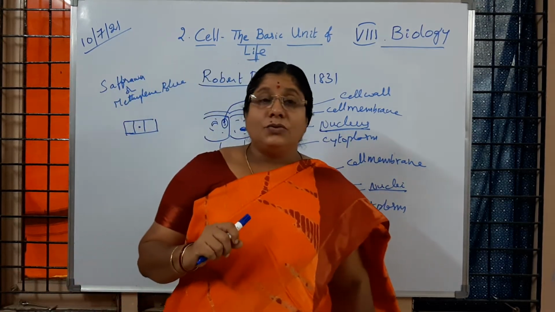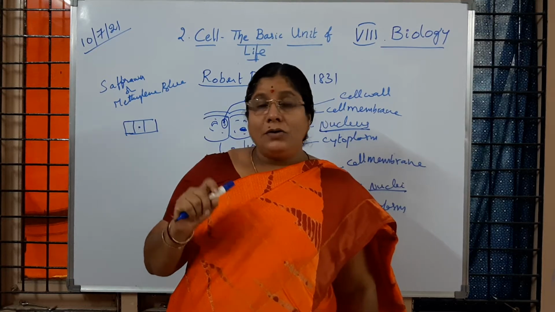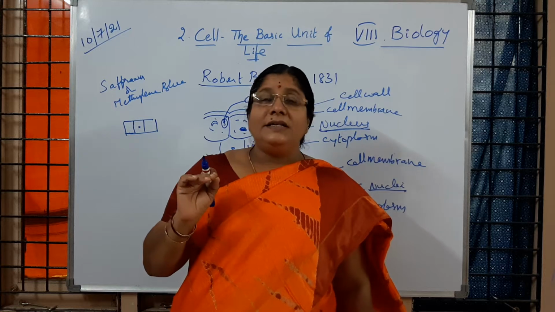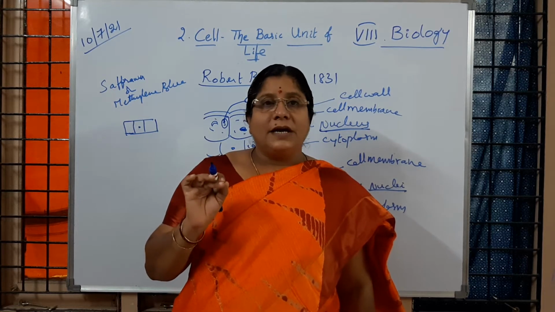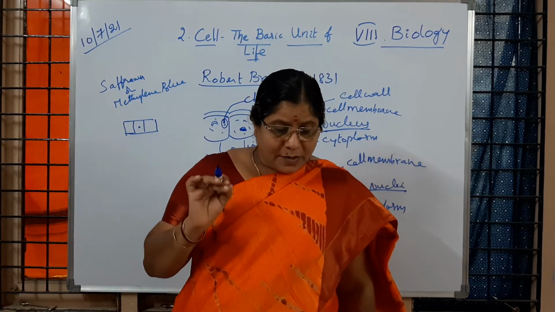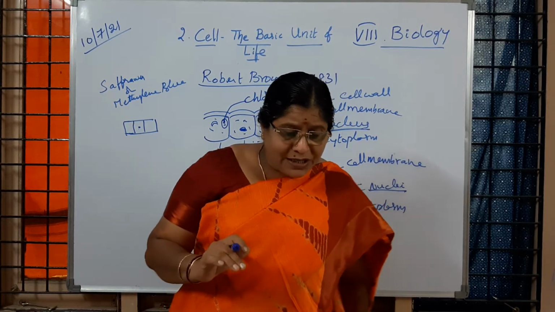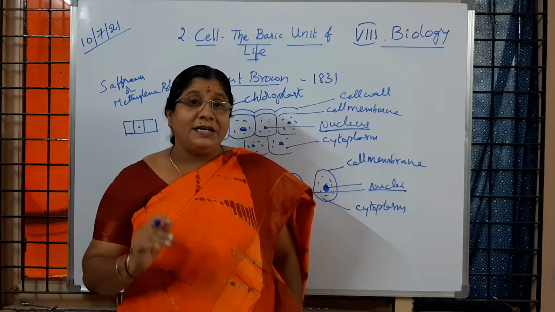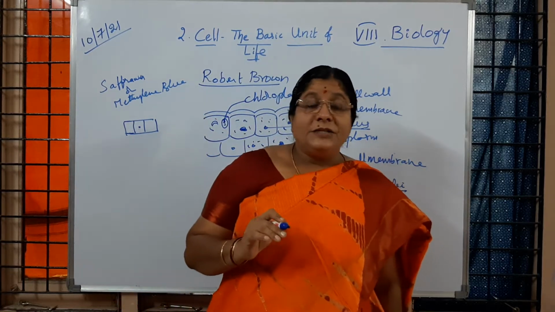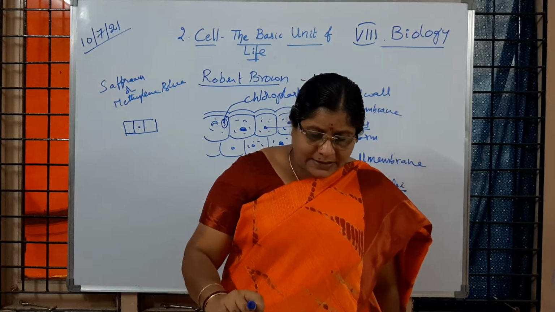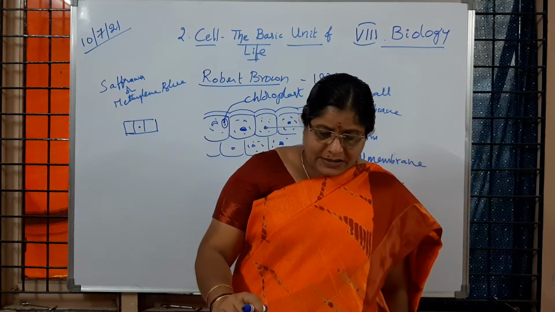Then also we are going to observe the nucleus. Is it clear to children? So the nucleus was studied by Robert Brown. It is more or less oval or circular in shape, prominently seen, and present in almost all plant cells and animal cells. Is it clear to children?